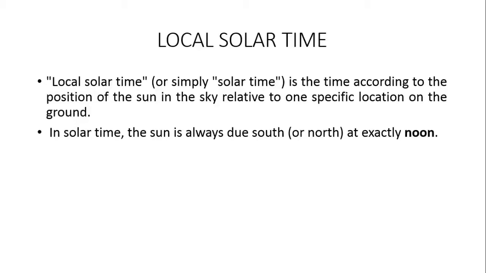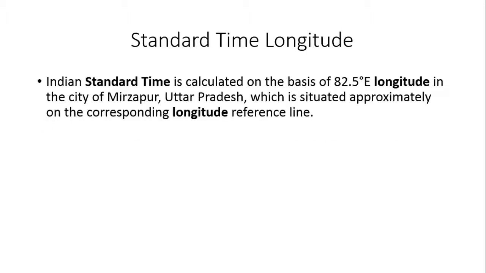Local solar time is given by an expression: local solar time LST equals standard time plus or minus 4 into (standard time longitude minus longitude of the location) plus equation of time correction. Indian standard time is calculated on the basis of 82.5 degrees east longitude in the city of Mirzapur, Uttar Pradesh, which is situated approximately on the corresponding longitude reference line.